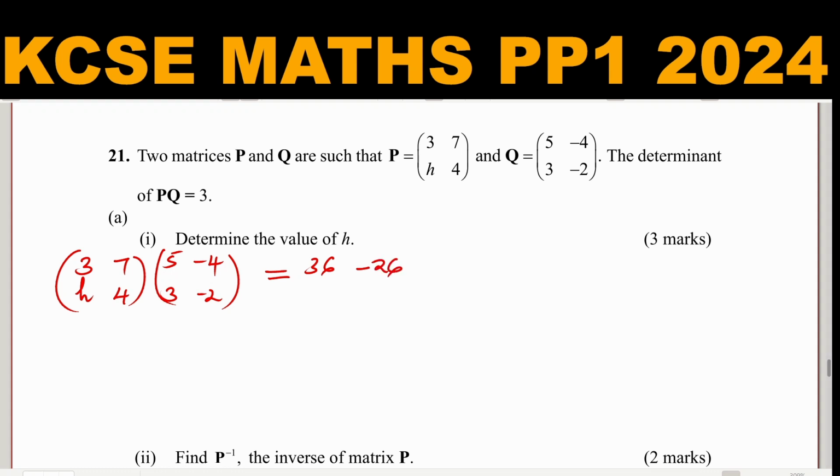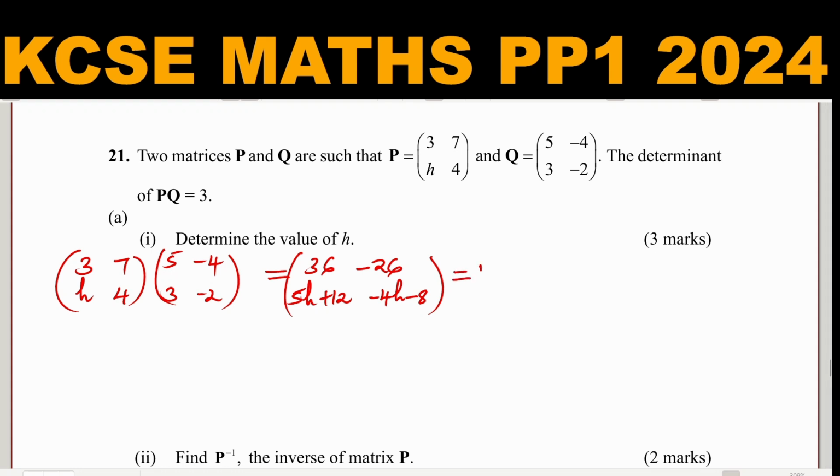Second row, first column, 5 times H, that is 5H plus 4 times 3, so 5H plus 12. And the last element, H times -4, that is -4H, subtract 8. So that is the product PQ.